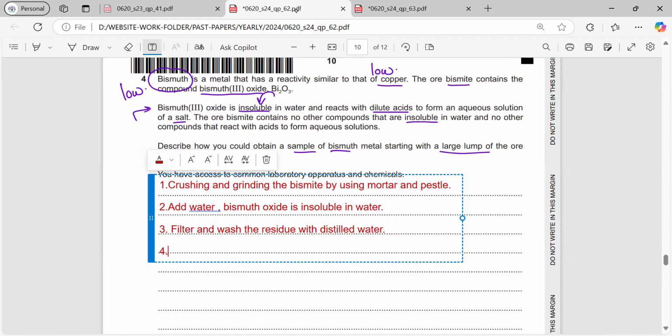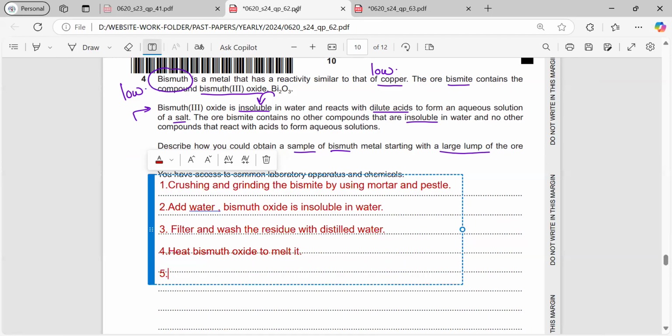Then when we have the bismuth oxide, we'll heat bismuth oxide to melt it. We will turn it into the molten form and then we can perform electrolysis on it.